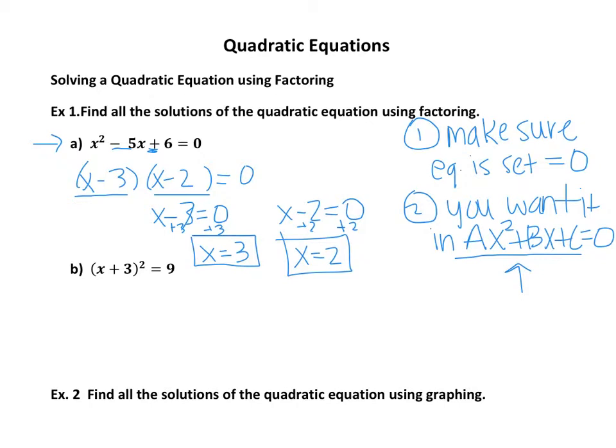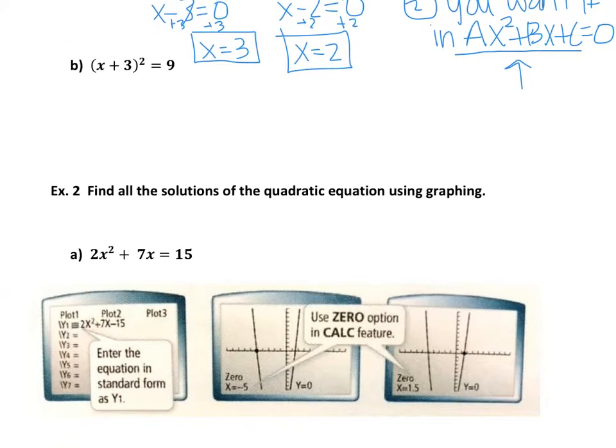On part B, we have a little bit more steps. First off, this is not set equal to 0, so we're going to have to fix that by moving the 9 over. But before I move the 9 over, notice this is not in the form that we wanted, ax squared plus bx plus c. So what I'm going to do is multiply x plus 3 times x plus 3, right?